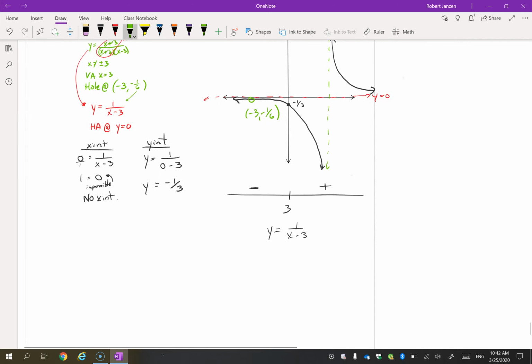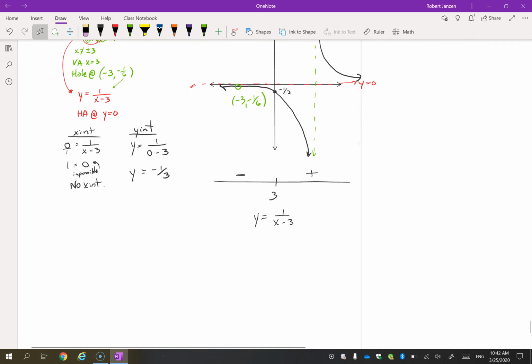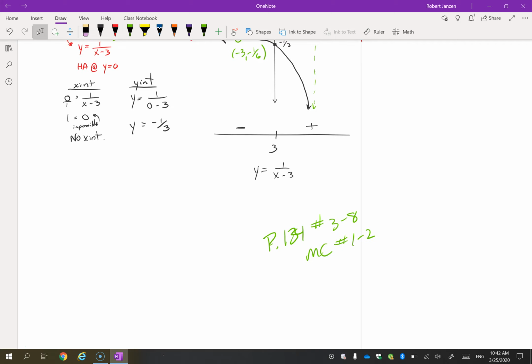All right, so those are tricky. You need to try a few of these, see how you do. Now I have some stuff in the textbook. Okay, you also should do the multiple choice. There's also a review on page 124.